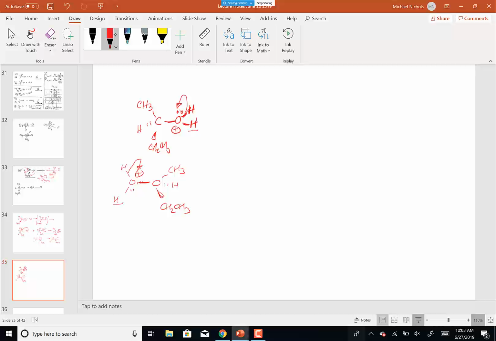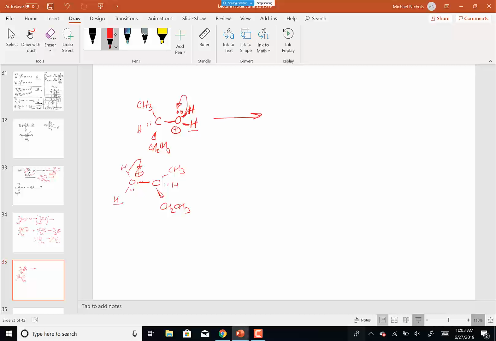And the electrons always move towards the delta positive or the positive species. So in this case, the arrow goes towards the oxygen. The arrow doesn't go out into space, which happens a lot. It's pointed towards the oxygen.